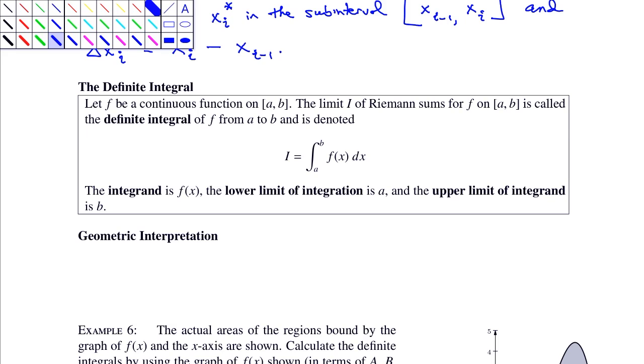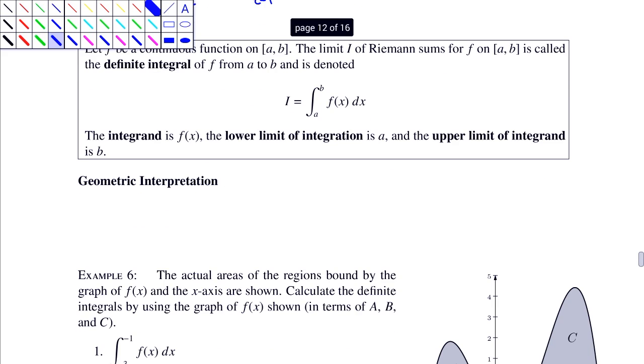So the symbol looks very much like an indefinite integral that we did yesterday, but it's now a definite integral. And what you do is you tack on the endpoints of the overall interval from a to b. Please note that when we go from a to b, the a is on the bottom and the b is on the top. We still have the integrand f. A is called the lower limit of integration. B is called the upper limit of integration.